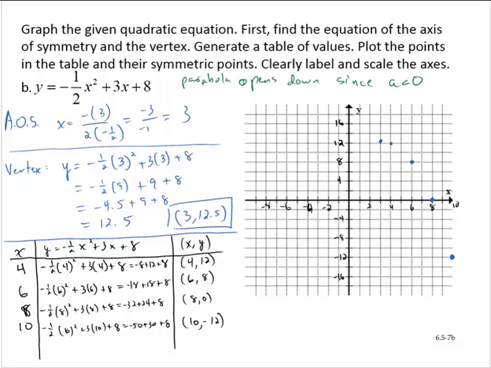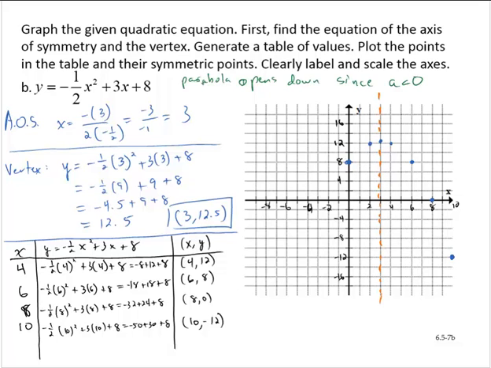Now, use the symmetry of the curve. All right, we have the symmetry about that line x equals 3, and plot some additional points. So I would also have 2, 12, 0, 8.